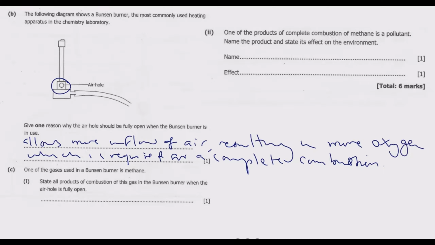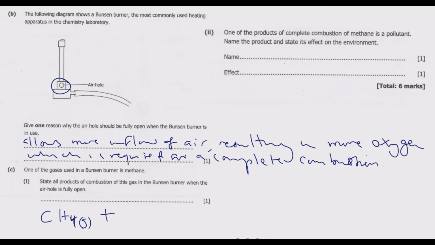Let us look at question C. One of the gases used in a Bunsen burner is methane. Roman numeral 1, state all products of combustion of this gas in the Bunsen burner when the air hole is fully open. Methane is given by CH4, which is a hydrocarbon gas.